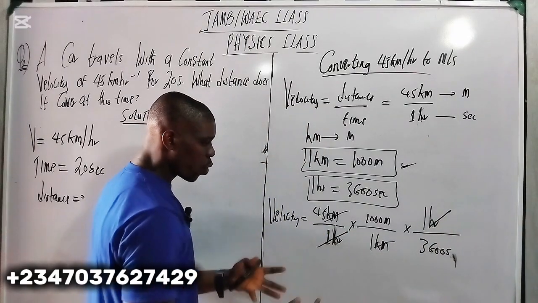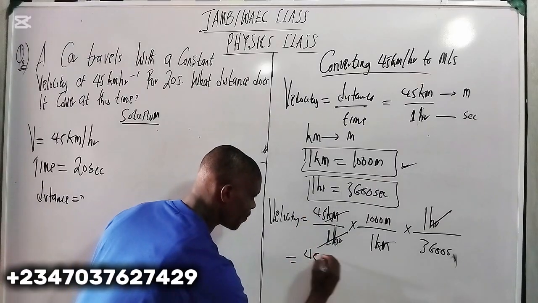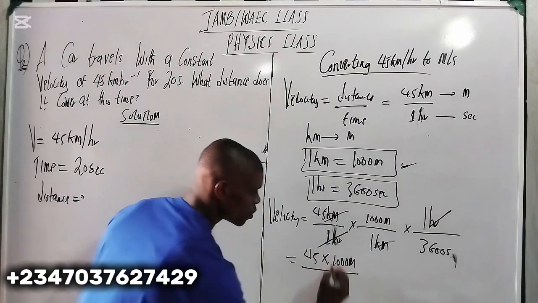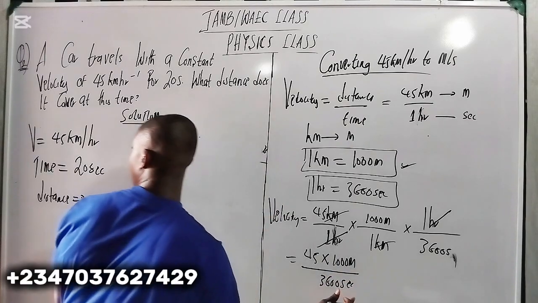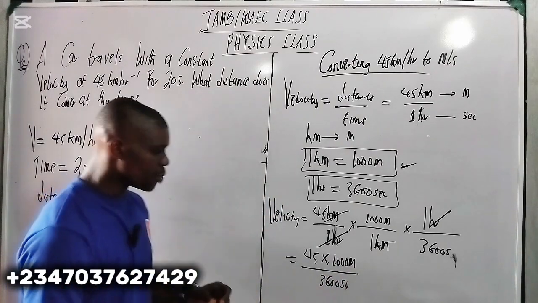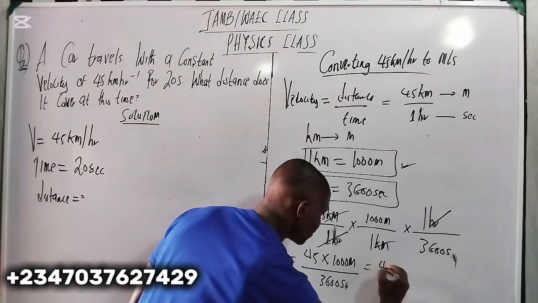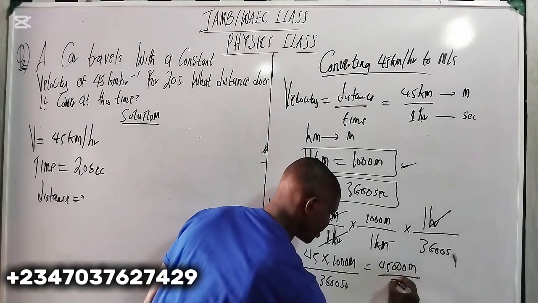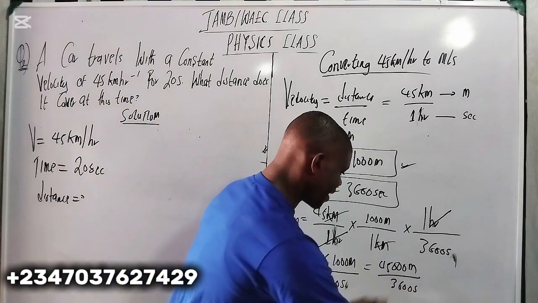So what do I have left? I have 45 times 1,000 meter over 3,600 seconds. If you multiply it here, it's going to be 45,000 meter over 3,600 seconds. So let's divide here.